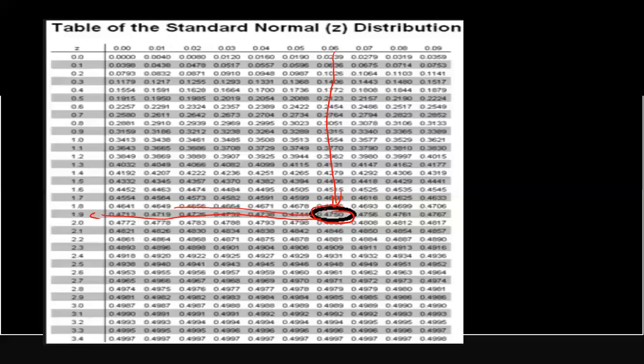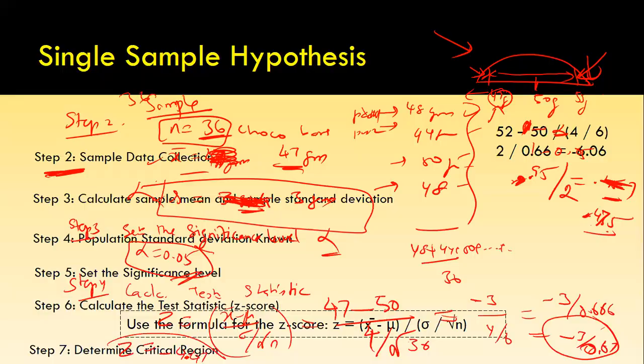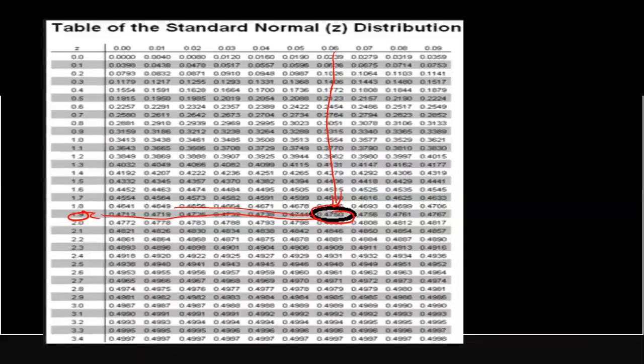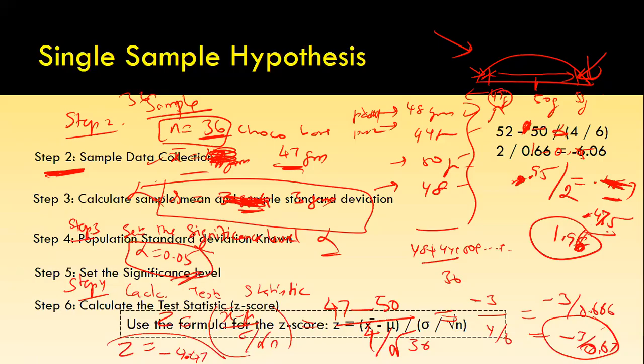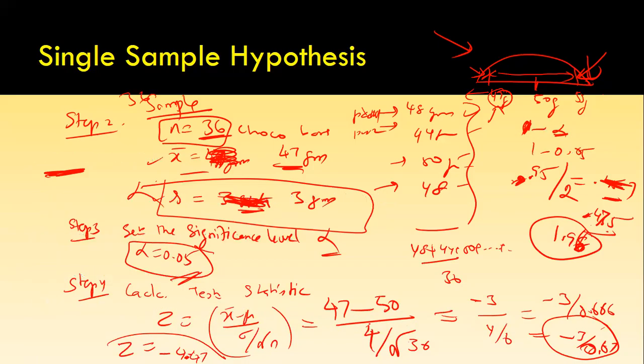If you add these two values, 1.9 plus 0.06, you get 1.96. Correct? 1.96. That is your critical region.